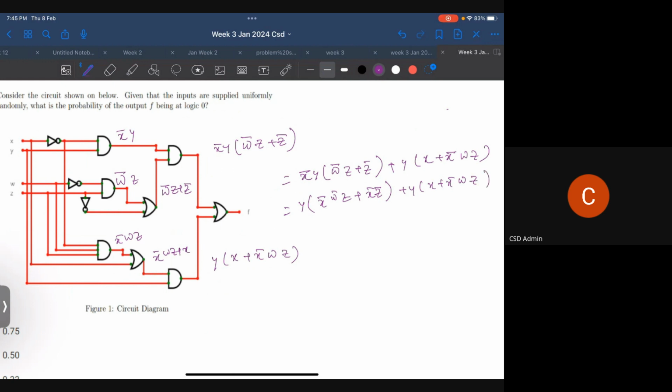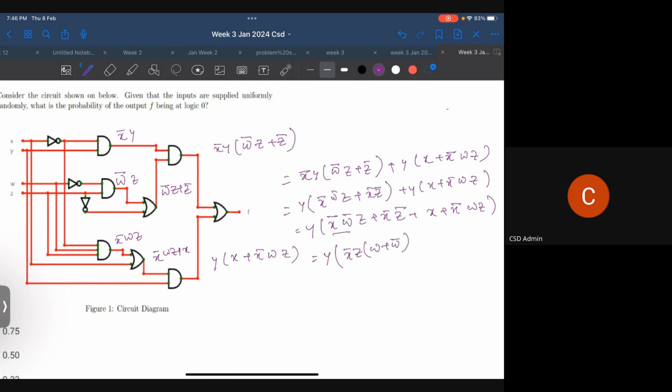Now taking y as common, we get y times (x bar w bar z plus x bar z bar plus x bar wz). Now x bar z is common, so it will be w plus w bar.